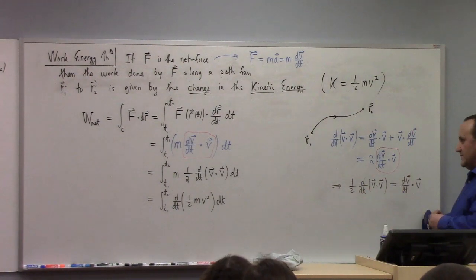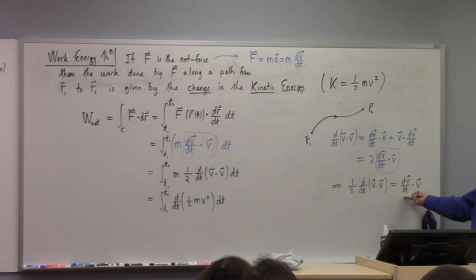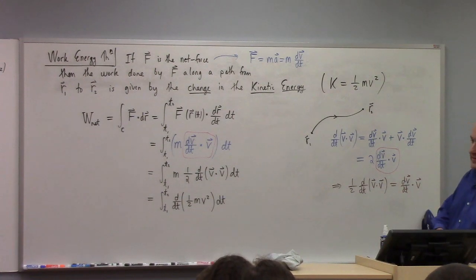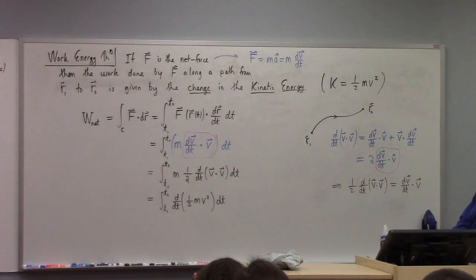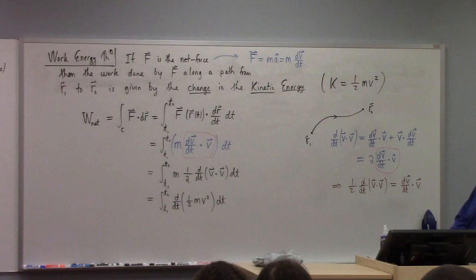So that's why I replaced dv dt dot v with 1/2 of d/dt of v dot v. But of course v dot v is just v squared. Any vector dot itself is the magnitude squared. The velocity dot the velocity is the speed squared.